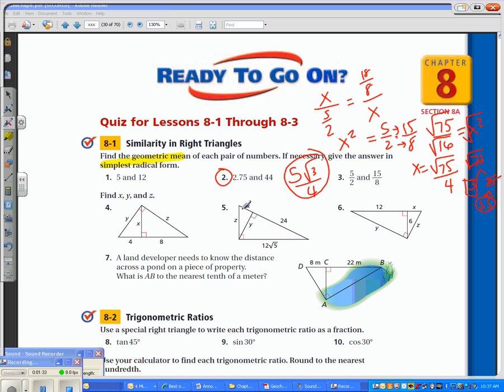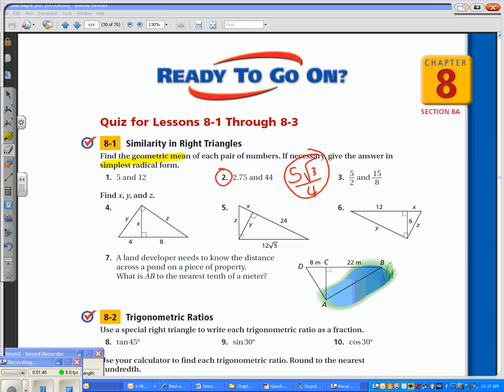Okay, the next question that a lot of people goofed on was number 5. Number 5, they want you to solve for x, y, and z. They don't say if you need to leave it in simplified radical form or anything. So, the easiest thing to do is to find out what y is first, just by doing Pythagorean theorem. So first, I'm going to do 24 squared plus y squared equals 12 radical 5 squared.